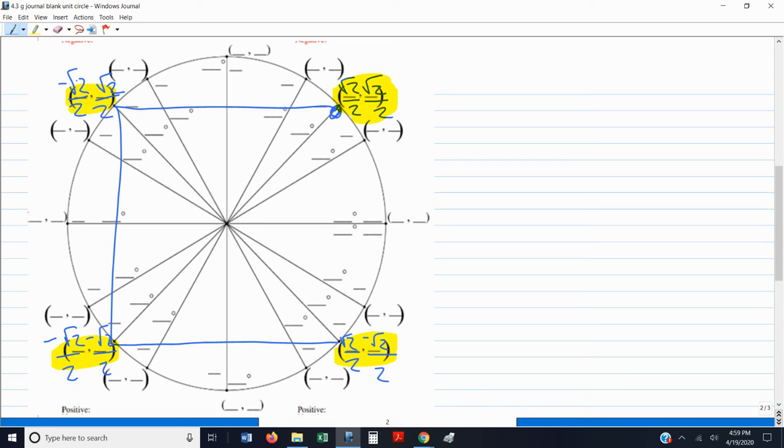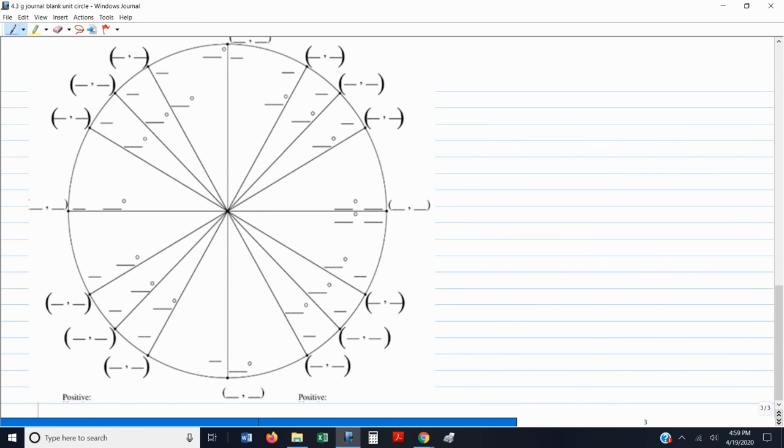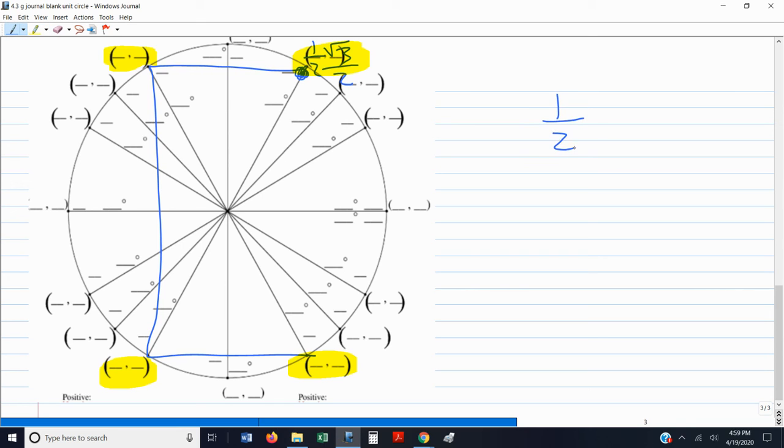And the very last set of coordinates was the 1/2 and √3/2. These are going to line up with this one and this one, right? Straight over, straight down, straight over. So all of these coordinates are going to have the same numbers, which is 1/2 and √3/2.